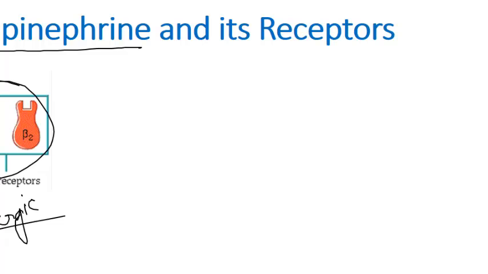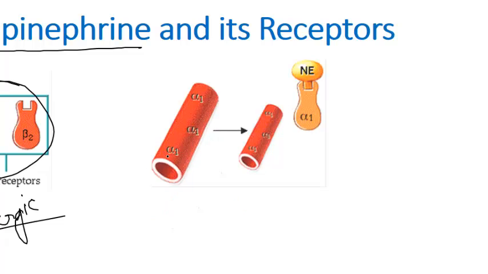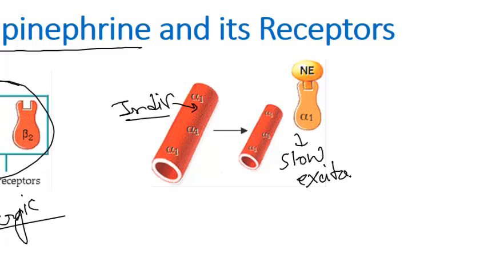In this case, norepinephrine acts indirectly at alpha 1. If you look at the case of alpha 1, it works indirectly on the alpha 1 receptor, and it causes slow excitation, because we know if the process is indirect, it's always slow, right?